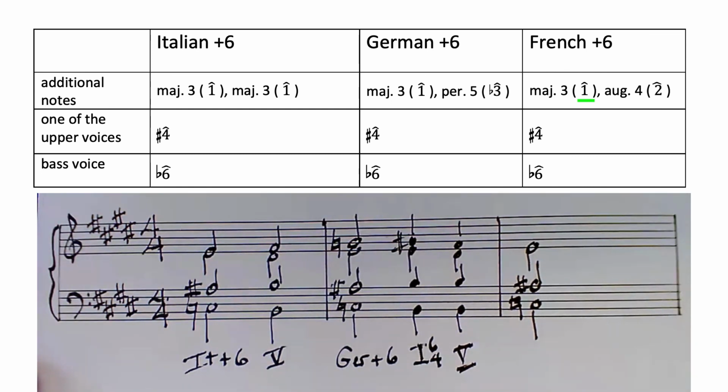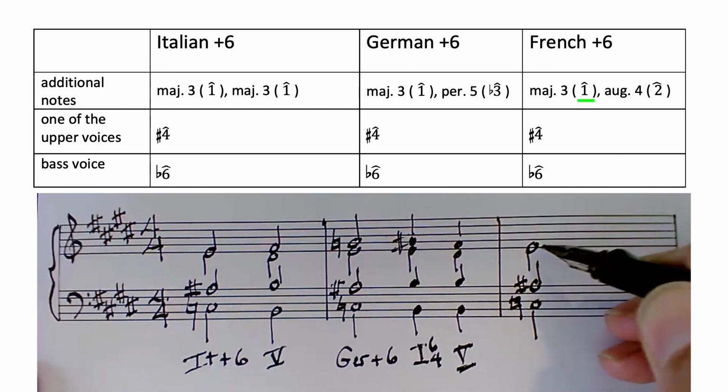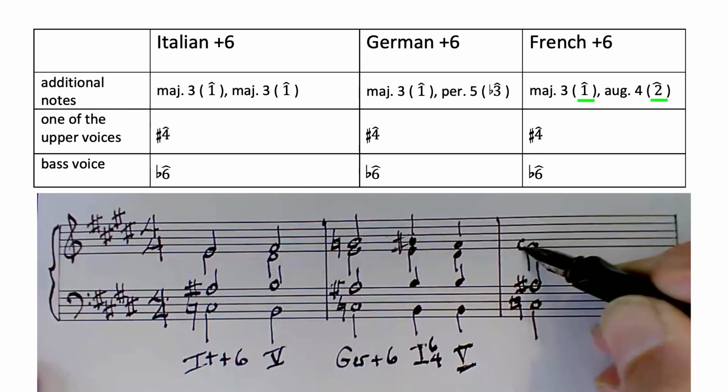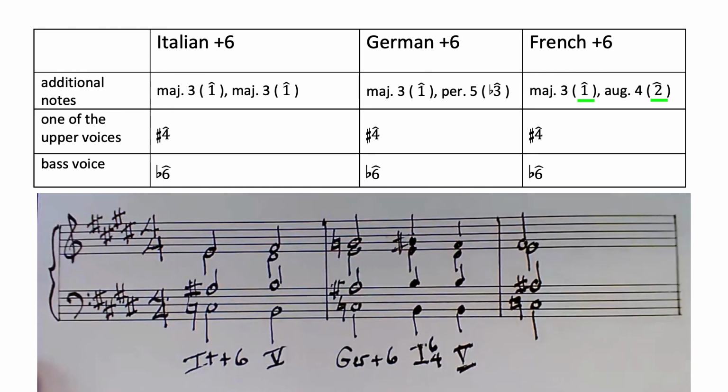And then we need an augmented 4th to make the French. You can also think of that as scale degree 2. In the key of E, scale degree 2 is just F sharp. That's an easy way to get that pitch.